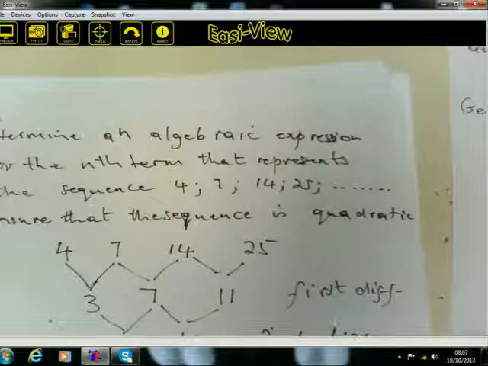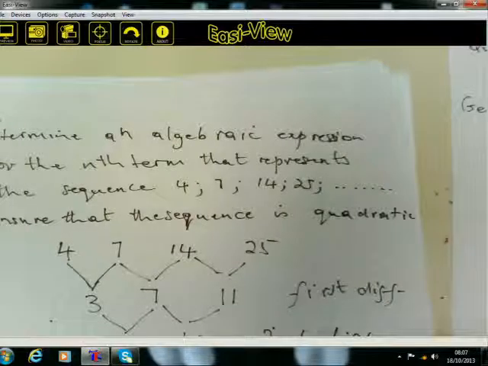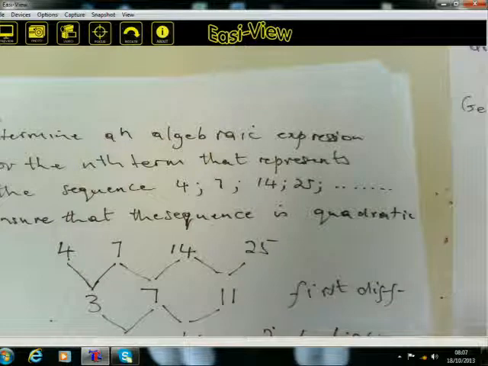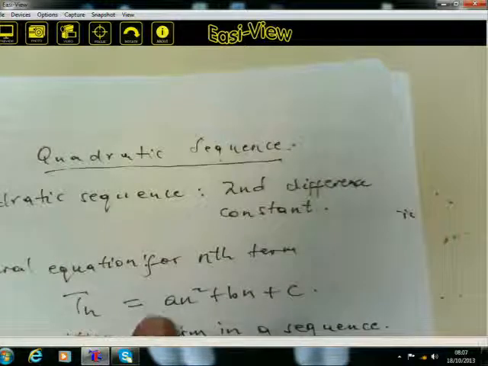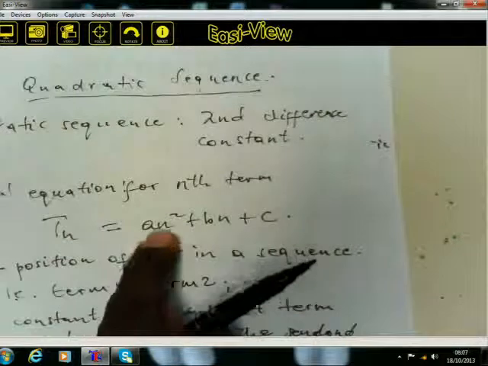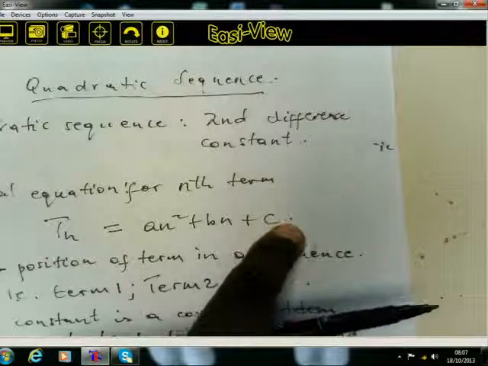Then we can say that this sequence is quadratic. Remember that I said the formula that we use for the quadratic sequence is Tn equals an squared plus bn plus c.